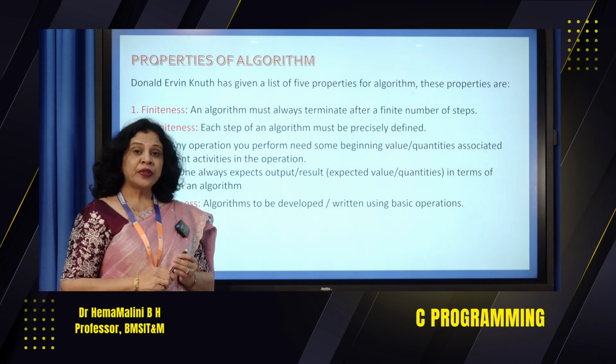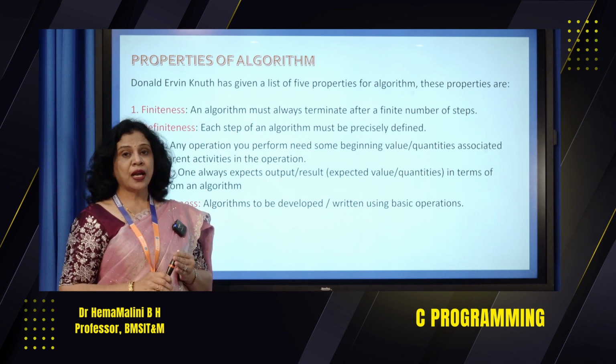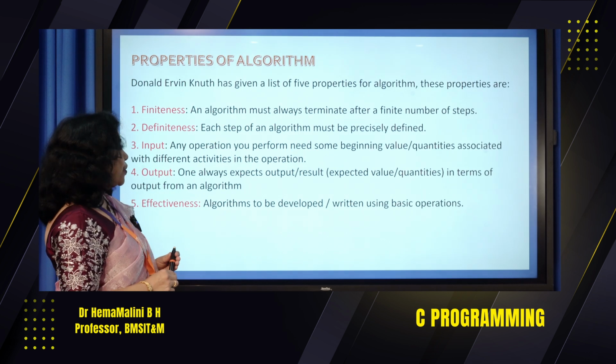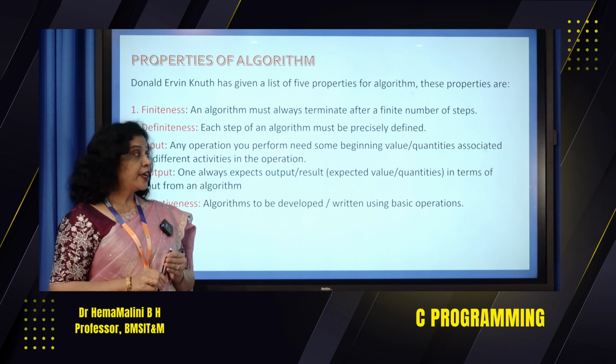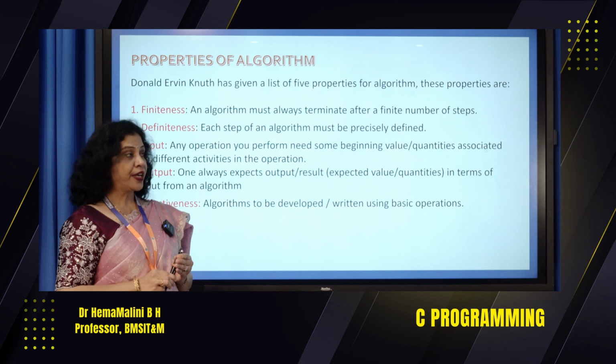Meaning, the algorithm should not be infinitely long. At one stage, the algorithm should come to an end. Definiteness. Each step should be very clearly defined. It means it is precisely defined.